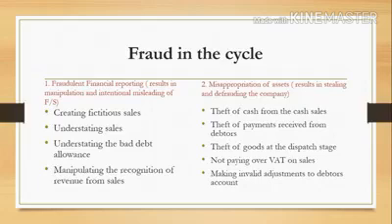Misappropriation of assets results in stealing and defrauding the company. Theft of cash from the cash sales, theft of payments received from debtors, theft of goods at the dispatch stage, not paying over VAT on sales, making invalid adjustment to debtors account. So you must know the two, that we have misleading as well as theft.